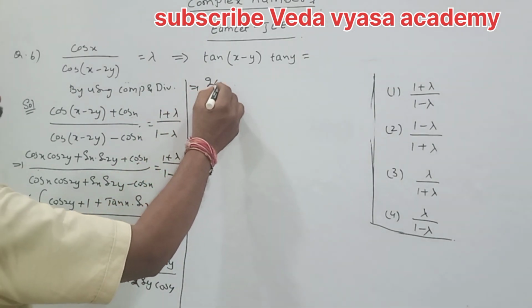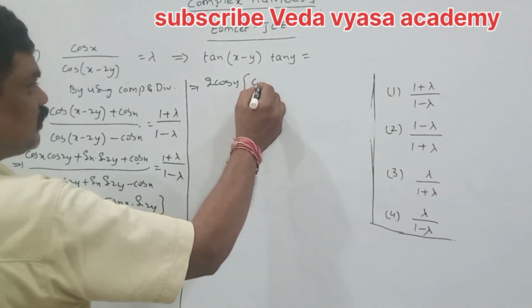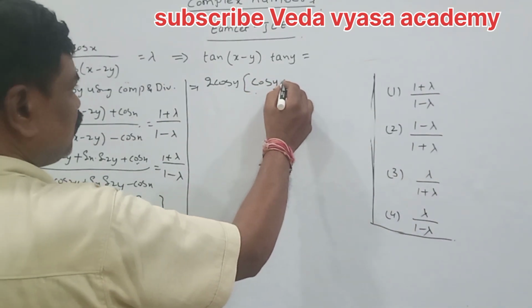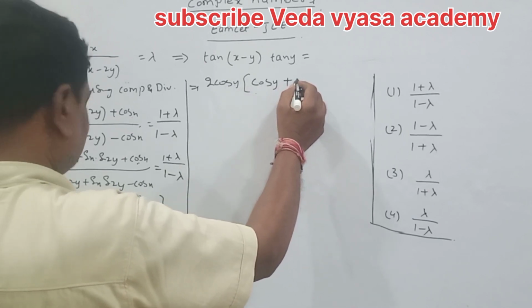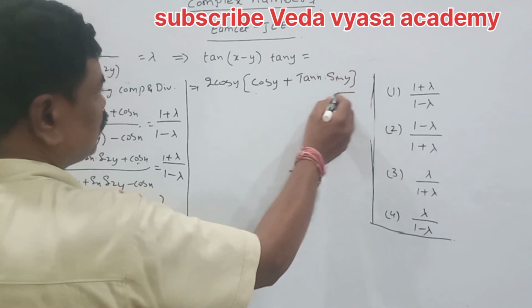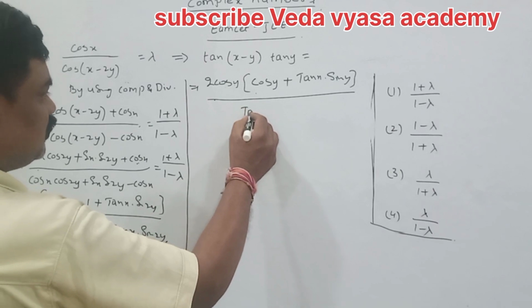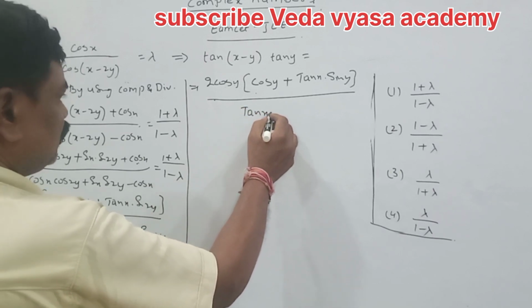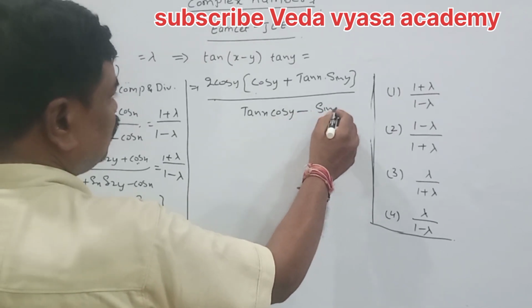So 2 cos y as common, that is cos y plus tan x into sin y, by denominator 2 sin y common, tan x into cos y minus sin y.